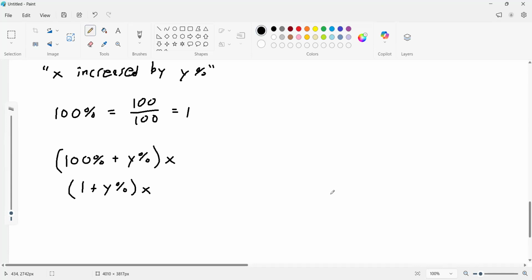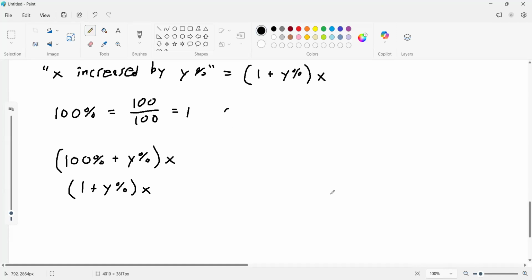So X increased by Y%. What that's really saying is take 1, so a whole amount, take the original amount, let's increase it up by this percentage, usually represented as a decimal here. And then we multiply this new thing by X. And then that increased value is the increased number.